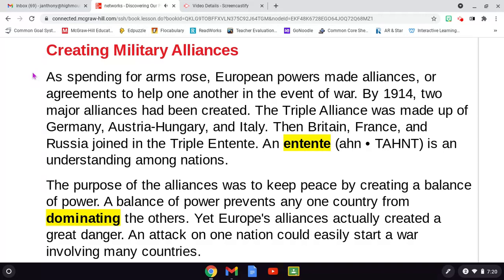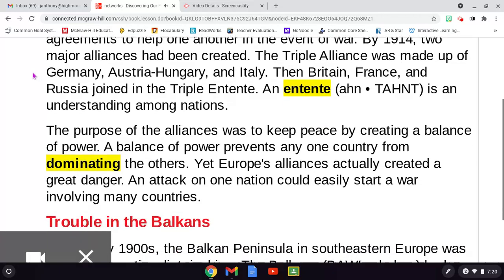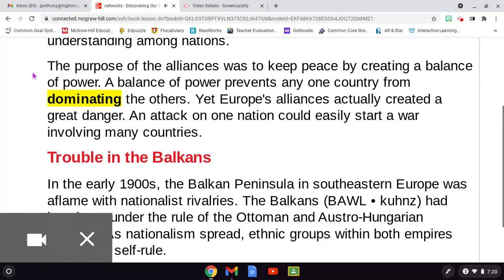An entente is an understanding among nations. The purpose of the alliances was to keep peace by creating a balance of power. A balance of power prevents any one country from dominating the others. Yet Europe's alliances actually created a great danger. An attack on one nation could easily start a war involving many countries.